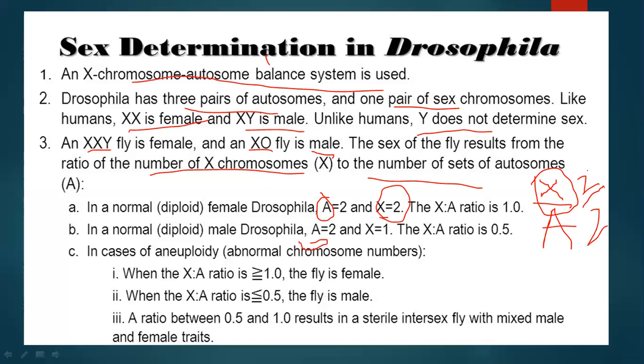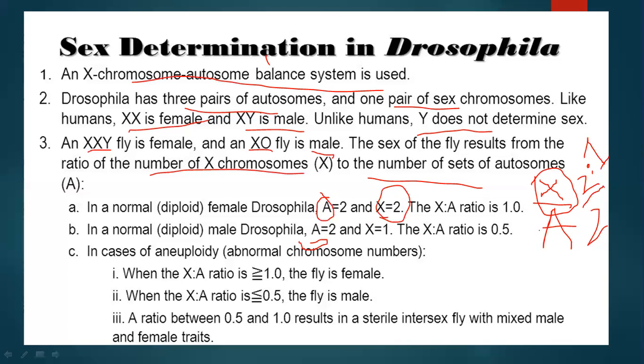So the X to autosome ratio is 1. That is the normal diploid female Drosophila condition.